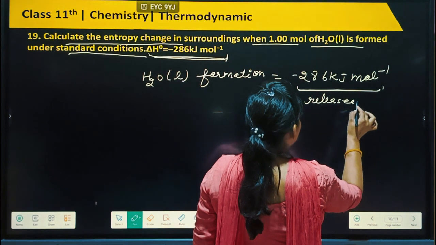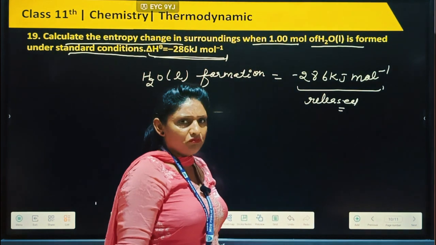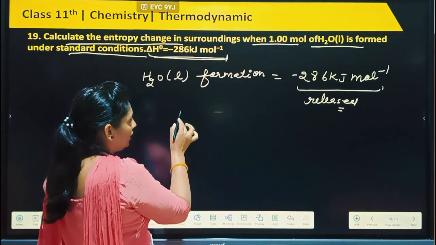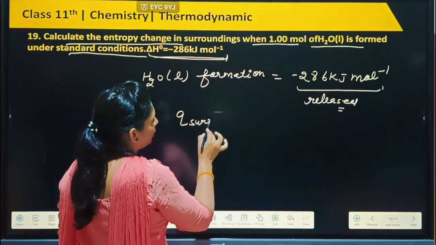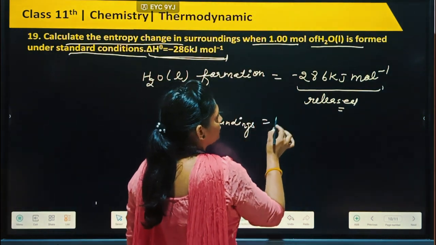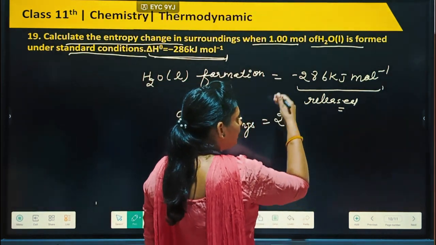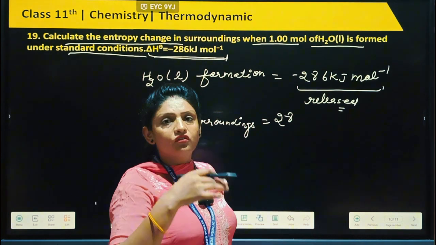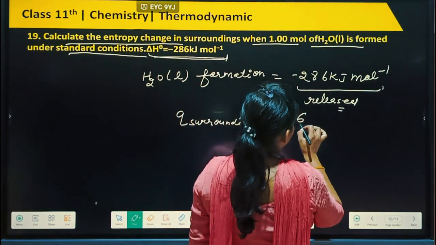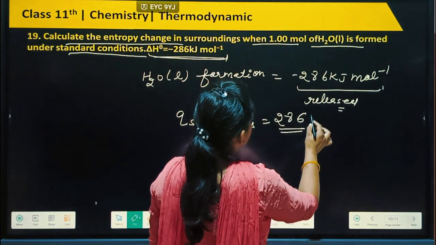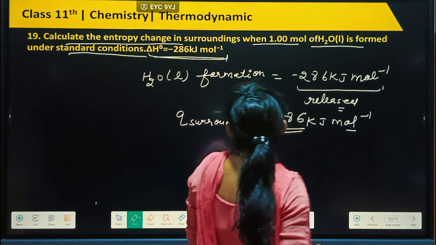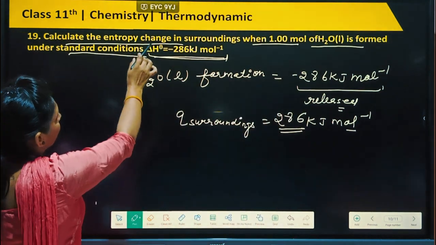So student, if it releases this, it will be absorbed by the surroundings. So we can write the enthalpy of surroundings, because if it is releasing, the surroundings are absorbing. So the absorbed energy will be this one, kilojoule per mole. You want to calculate the entropy change.